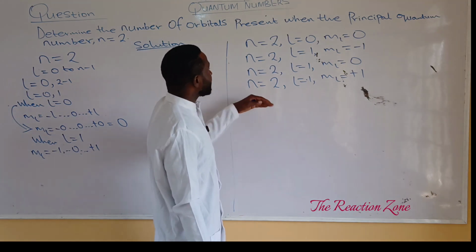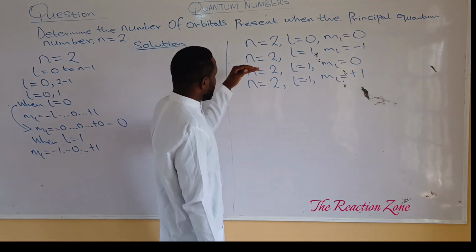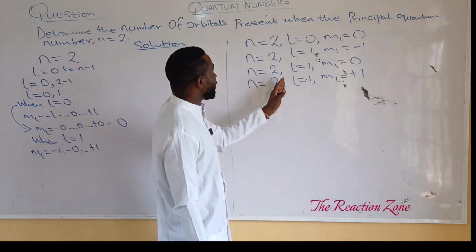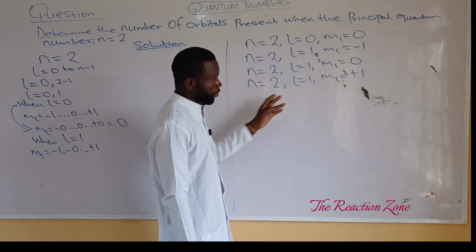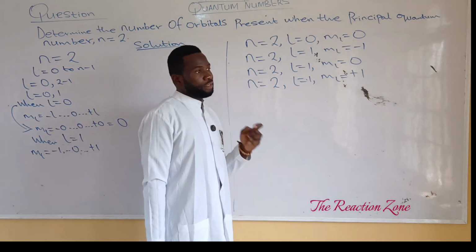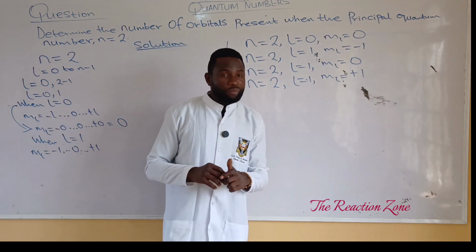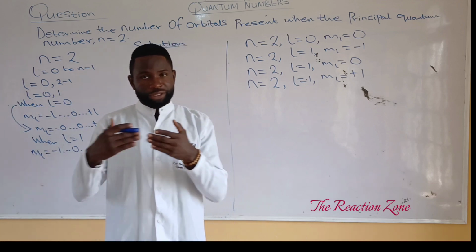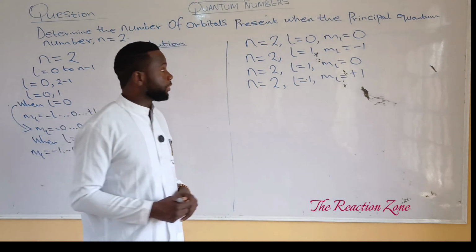To know the orbital that each of these sets of quantum numbers describes, we need to look at the azimuthal quantum number. The value of the azimuthal quantum number tells us whether an orbital is an s orbital, or a p orbital, or a d orbital, or an f orbital.